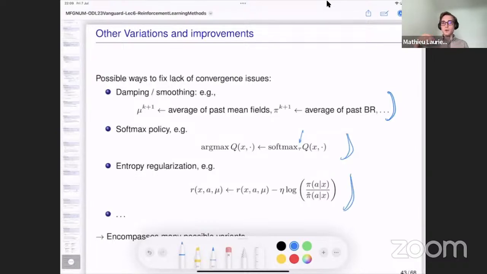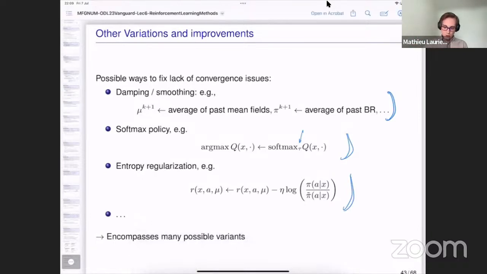It could be the pi coming from the previous iteration. So there are many ways to play with these variations. I think it's helpful to start with the simplest algorithm and then add bells and whistles and see that as a kind of regularization. I think it also helps for the analysis.